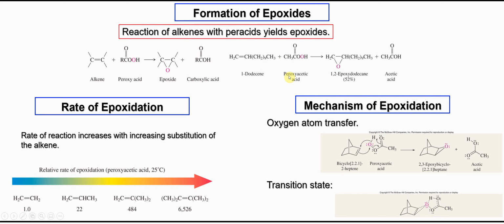One of the oxygens is going to form a 3-membered ring to form 1,2-epoxydodecane. And then this peroxyacetic acid forms acetic acid. That's your chemical reaction. About the reaction rate of this epoxidation, it follows the same rule. The more substituents you have, the faster the reaction rate is. So these are some examples for you.